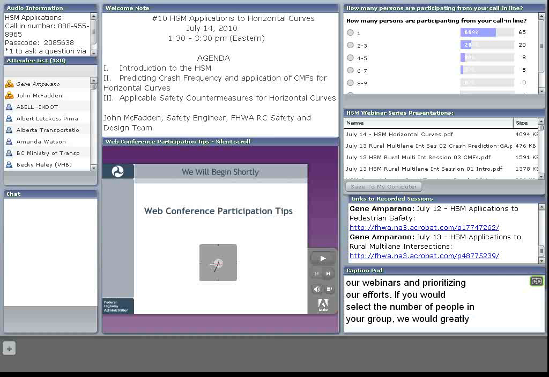It is a large document published by AASHTO that is comprehensive in nature, but I would also state that it is a living document. What I mean by that is this document will constantly change through time as research is conducted and as we gain a greater understanding of the implications of our design decisions on safety.